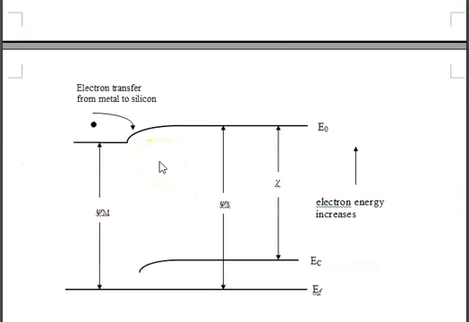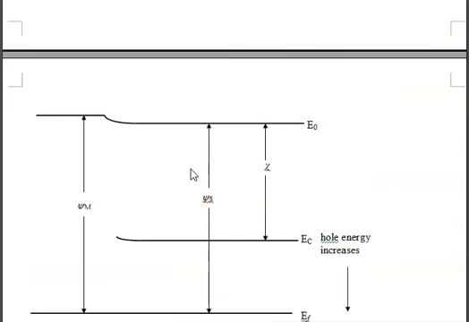So here we have a case, for example, of N-type, electron transfer from metal to silicon, not from silicon to metal, and the bands in this case go down. Now we always said that the band bending for N-type silicon goes up, and that's true, except for this particular case, which is kind of pathological, in which the surface becomes more rich in electrons, and therefore the doping actually becomes higher.